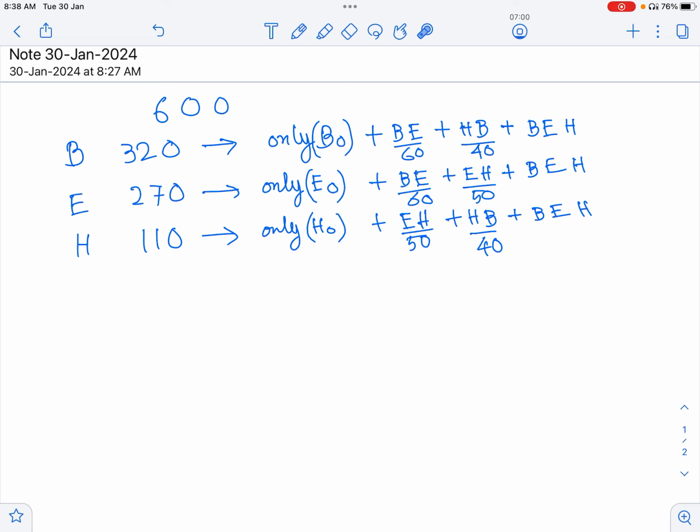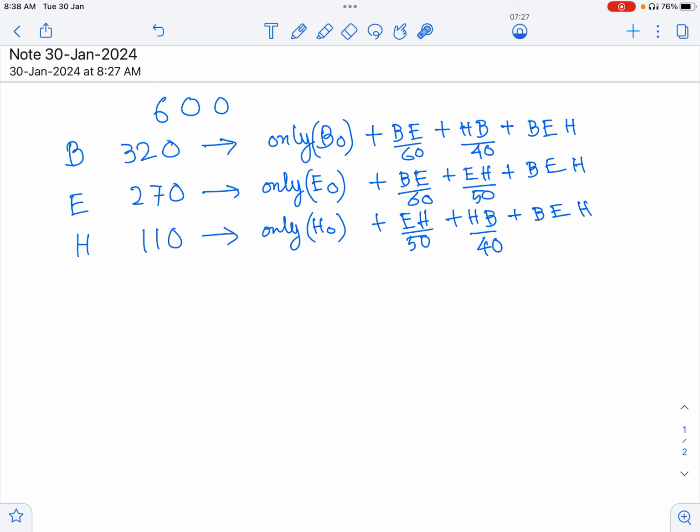It is not given, but their totals are given: 320, 270 and 110. So we can easily subtract those students who learn only two languages, isn't it?